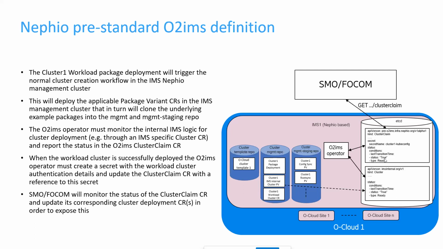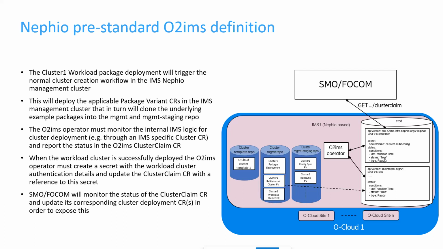And so I would rather want FOCOM to go get anything they need from IMS through the inventory rather than through the cluster claim, because we started discussing in the IMS team about the IM model, and it's not clear yet, at least to me, where cluster template has a place in there. Although there will be a place for a cluster in the inventory. So I want to make sure.